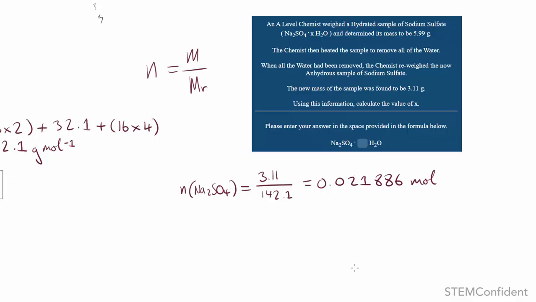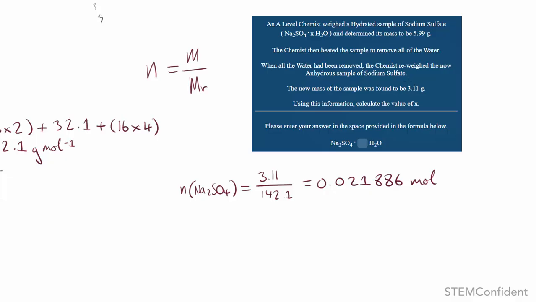Although we have the moles for the Na₂SO₄, we also need the moles of the H₂O, but we haven't explicitly been given that in the question. But we can work it out. If we take the hydrated mass minus the anhydrous mass, we have the mass which contains the water and the mass which doesn't contain the water.